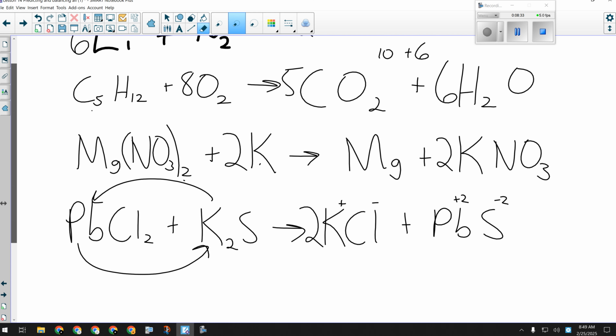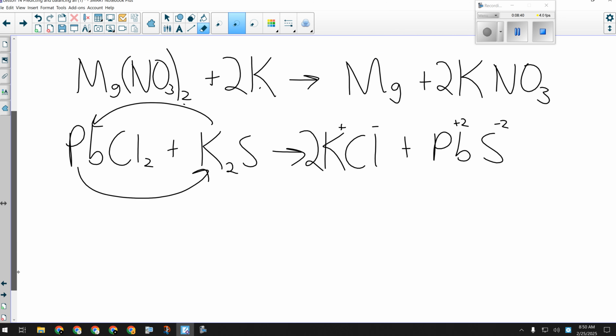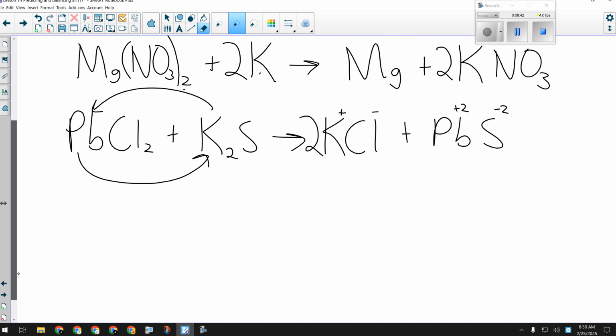What's the only reaction type we haven't done? We haven't done a decomposition reaction. Now, decomposition reactions and single replacement reactions are probably the ones with the most nitpicky details. All right, so let's say I've got this.